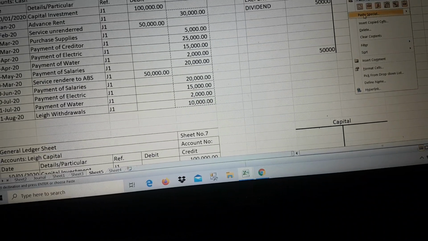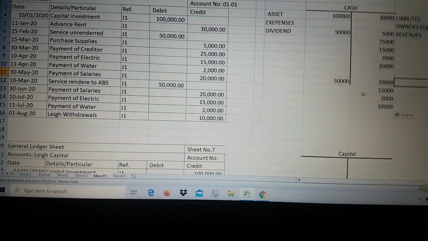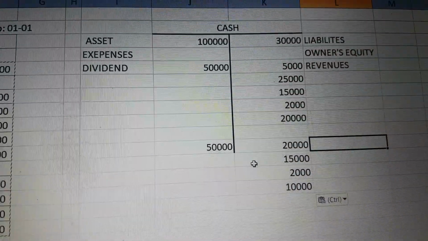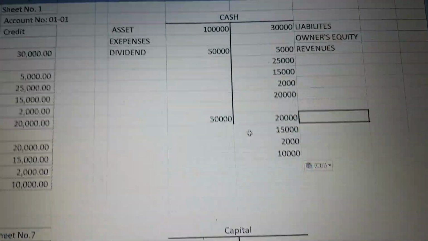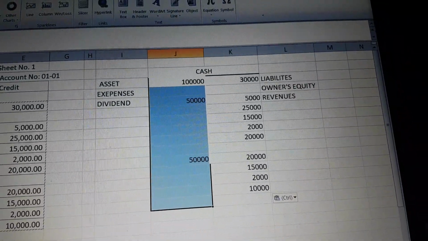We just put it here. So you would see this is also the T account for our cash. If we check it, it would have just the same balance.